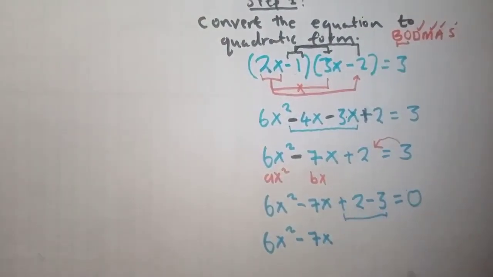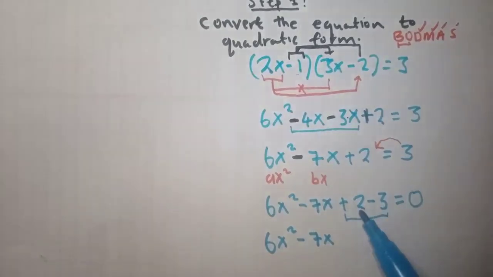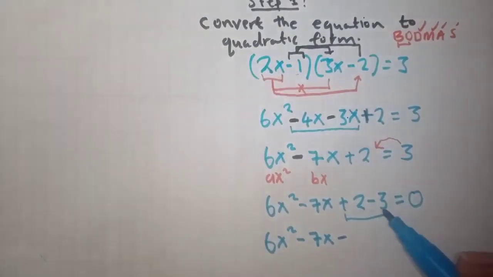So we can work it out like this: 6x squared minus 7x, then different signs. How do you work around different signs? First of all, look at which one is the bigger number. Between 2 and 3, the bigger number is 3. Is 3 negative or positive? It is negative, so your answer should maintain the negative sign.